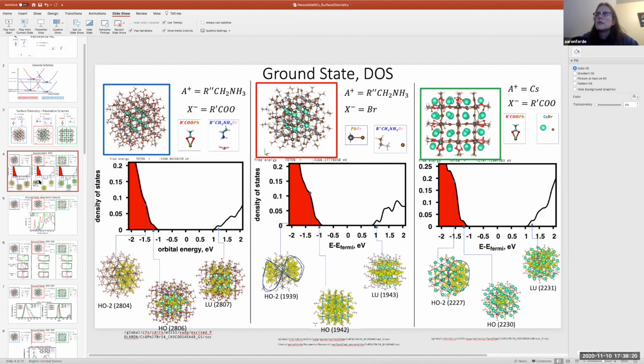So I think PDOS could help show the contributions to HOMO and LUMO. And that's for the larger band gap models. Their HOMO and LUMO should show bonding to the carboxylates.